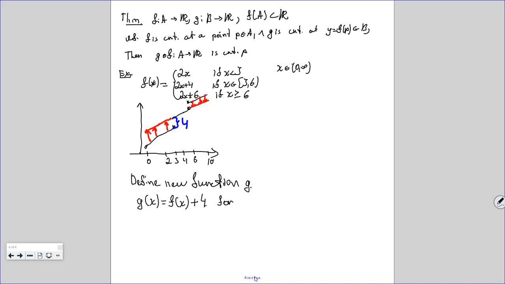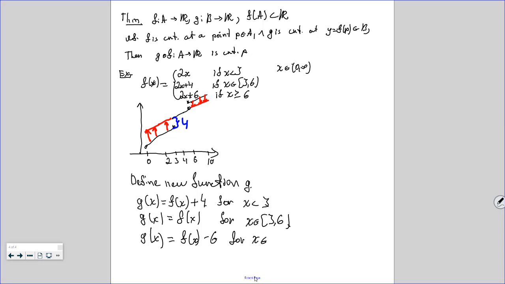For x less than 3. Then we define that g(x) is equal to f(x) itself for x from 3 to 6, and g(x) is equal to f(x) minus 6 for x greater than or equal to 6, so for x from 6 to infinity.